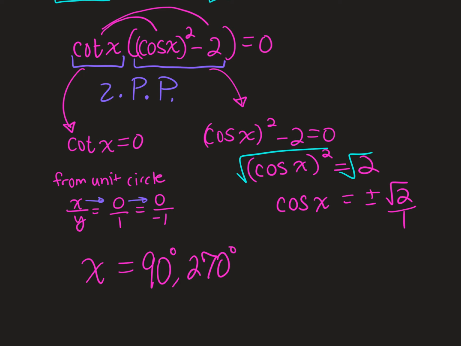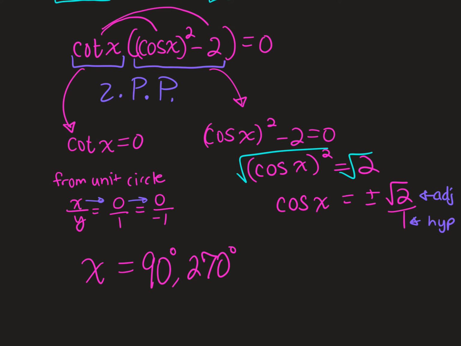What's the ratio in terms of opposite, adjacent, and hypotenuse for cosine? So what over what for cosine? Adjacent over hypotenuse? Yeah. So just because we don't see it on our unit circle doesn't mean there isn't a solution.